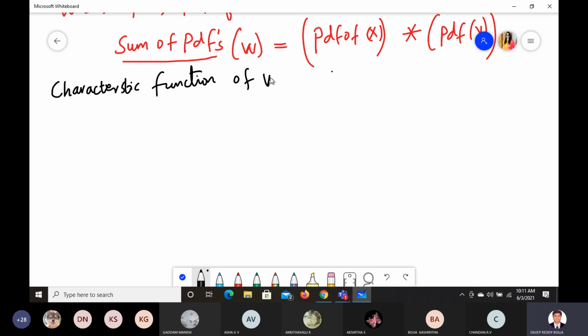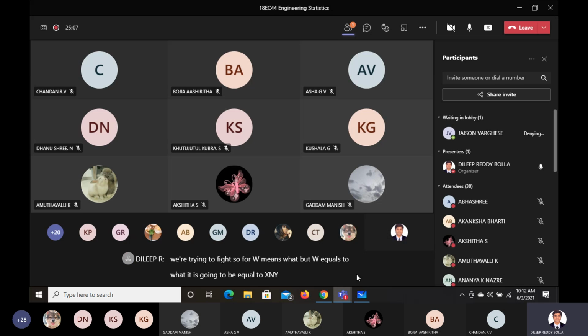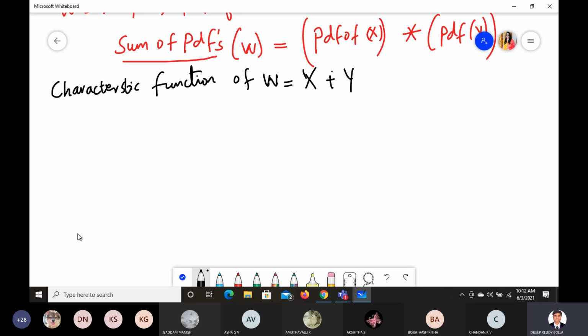For W equals X plus Y, we know this, and for this function we are trying to find the expression. This characteristic function is given by the symbol phi. To make it look more attractive, we can also write it like this.